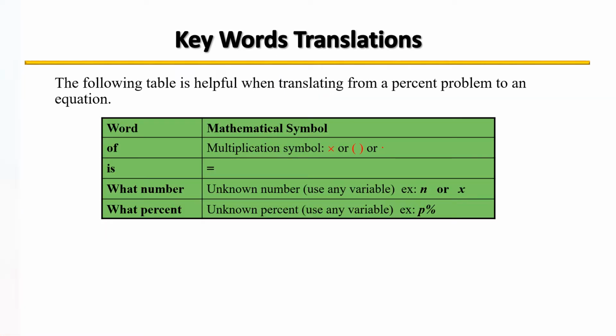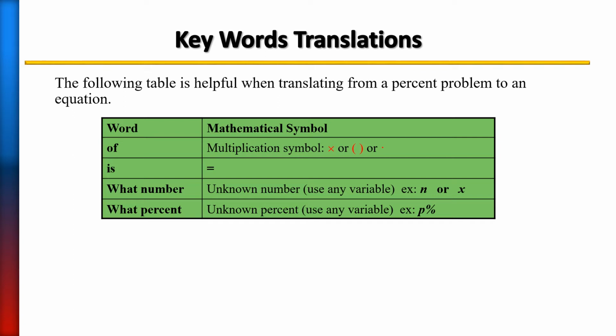In terms of the translation method, anytime you see the word of in a word problem, it usually indicates multiplication. You can write multiplication with the cross symbol, in parentheses, or with the dot. But anytime you see of, that's multiplication.